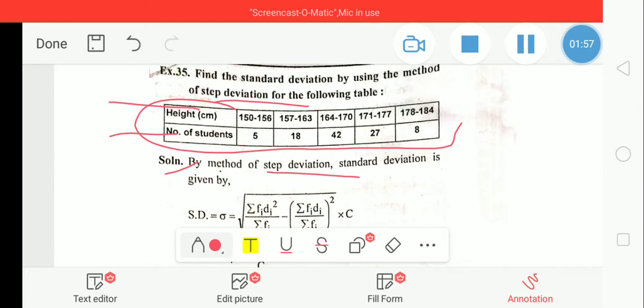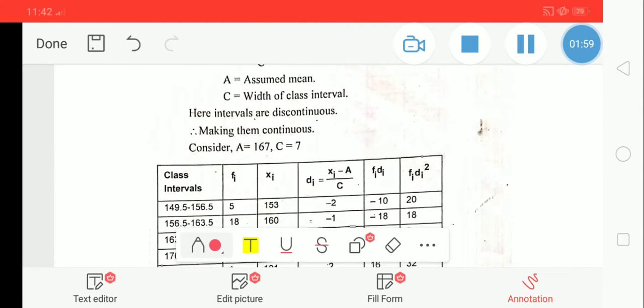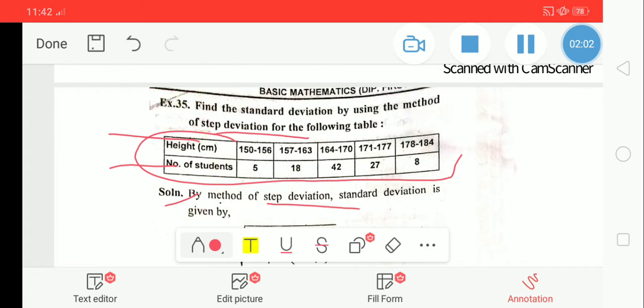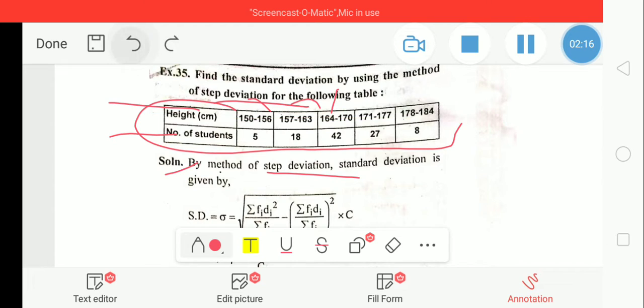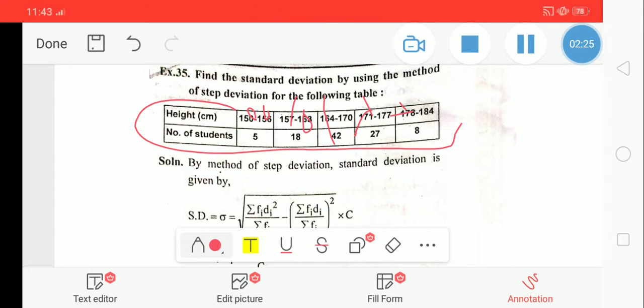Here the frequency and class interval are given. The classes are 150 to 156, then 157 to 163, then 164 to and so on. Here the class is not continuous, so we can write it in a continuous way. For the first term we subtract 0.5, and for the second term we add 0.5.